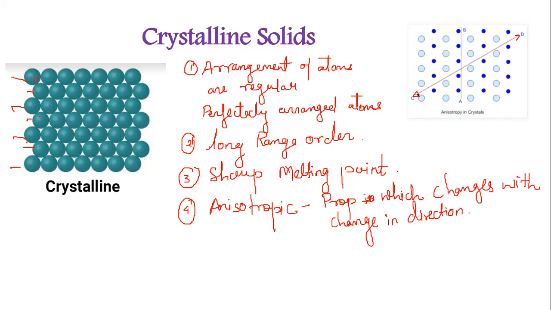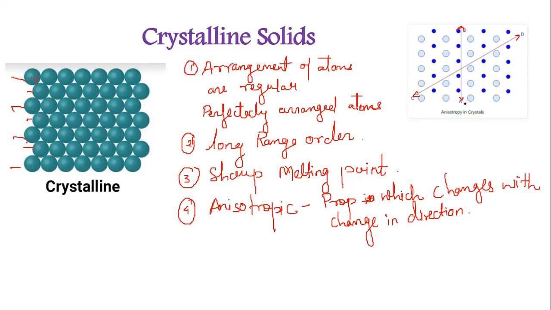So if the atoms coming in this direction are different, then the property will also change. In the direction of AB, the atoms coming are different, and in C and D and A and B the atoms are different. So the property will change, it will not be the same.